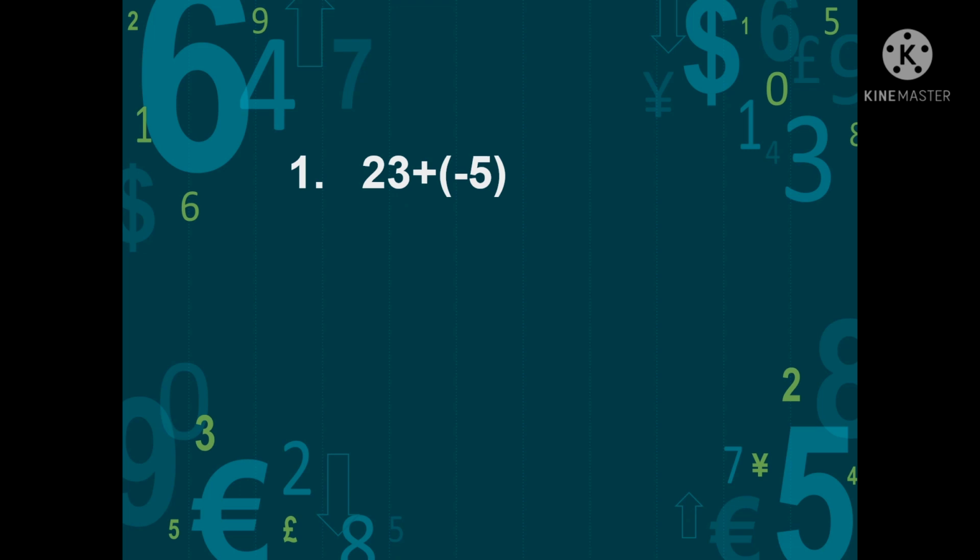So in the rules of addition, when two numbers have different signs, we will subtract them. So we have 23 minus 5. So 13 minus 5 is equal to 8.